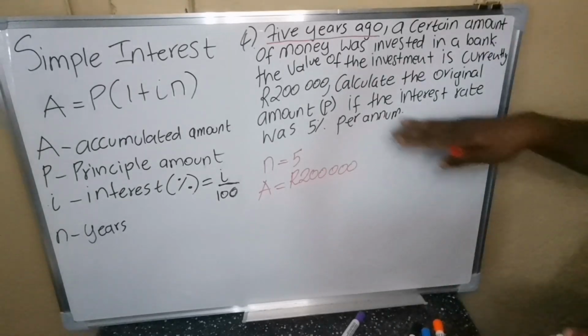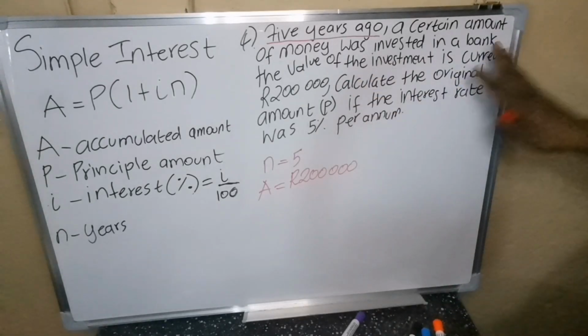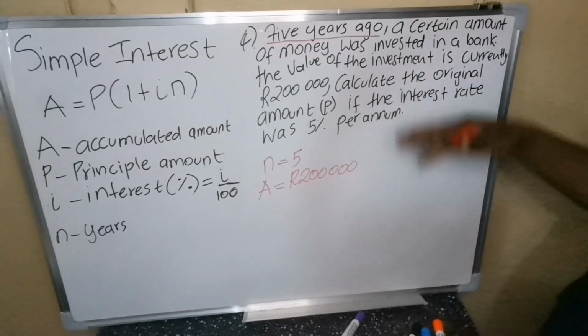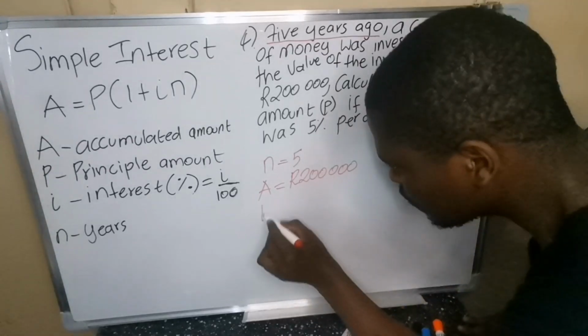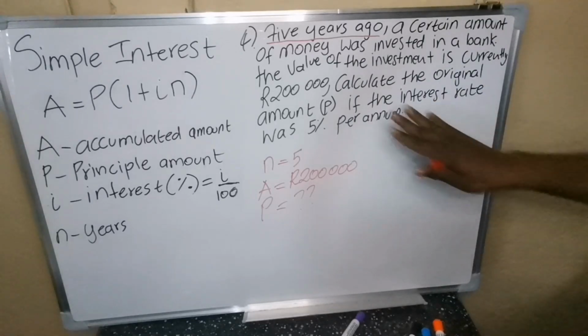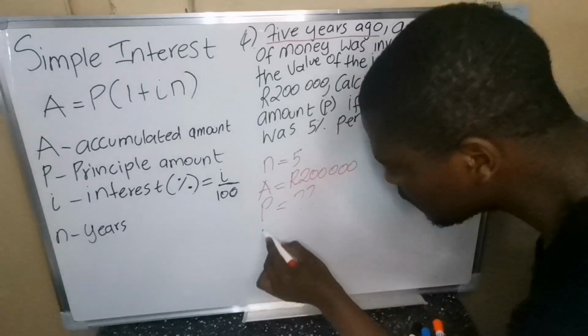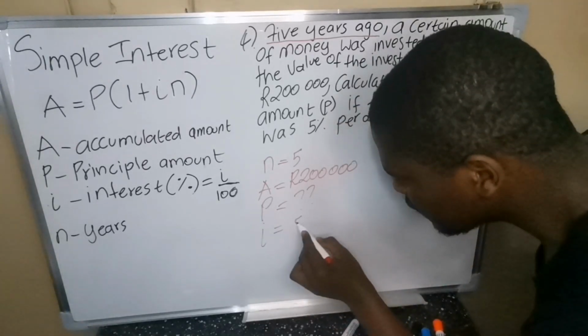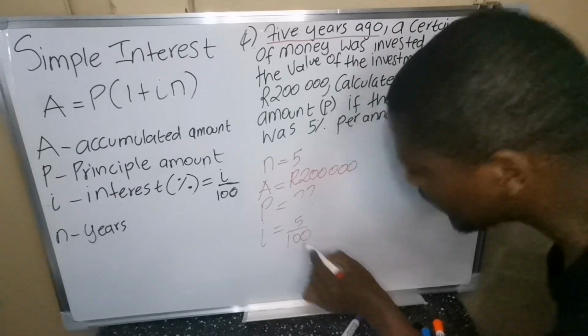And here, guys, calculate the original amount, the initial amount, which is the value of P, if the interest rate was 5 over 100 a year, 5% per annum.